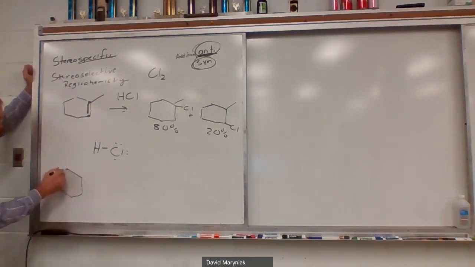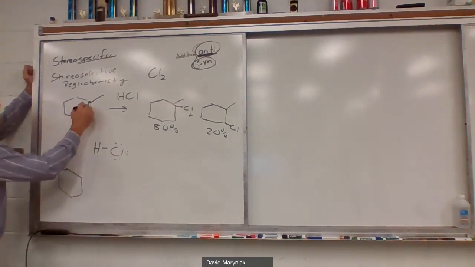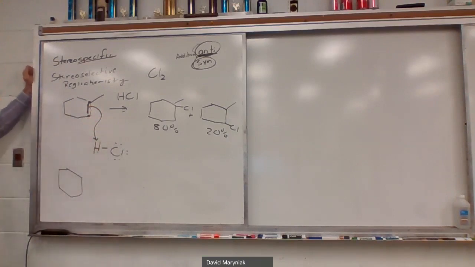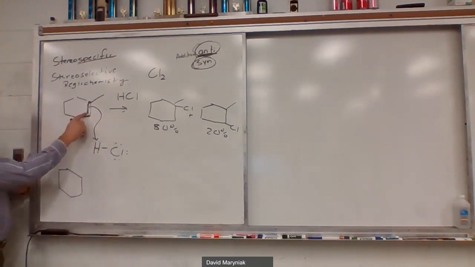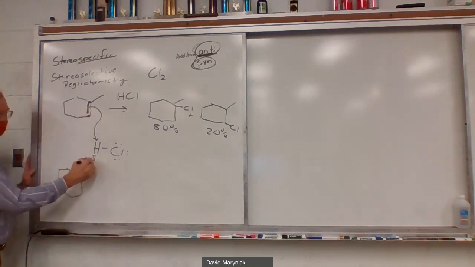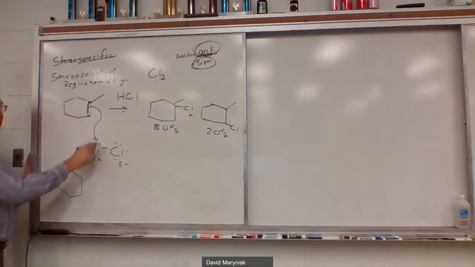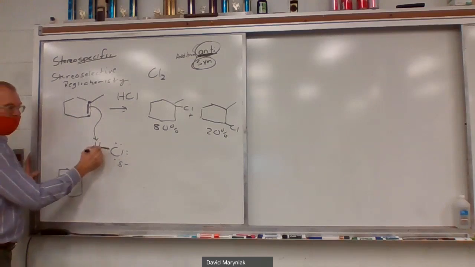So let's start with this: it is going to grab the H, not the Cl, because this is hypothetically negative and that is polarized like so. And when this pair of electrons grabs that H, will that bond break?